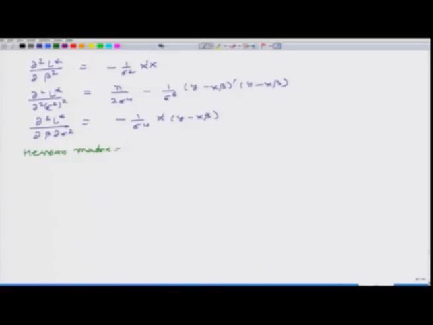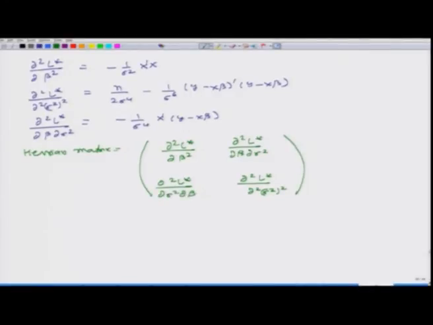And then I can write down the Hessian matrix as partial derivative of L star with respect to beta square, partial derivative of L star with respect to beta and sigma square, and partial derivative of L star with respect to sigma square, and so on, d sigma d beta. And then I obtain its value at beta equal to beta tilde and sigma square equal to sigma square tilde.